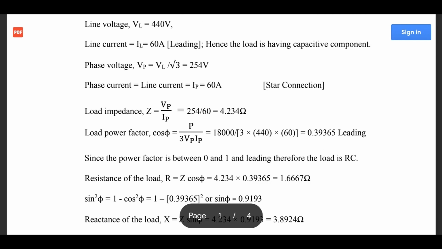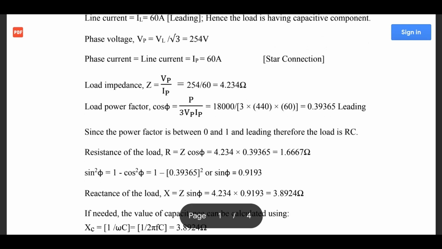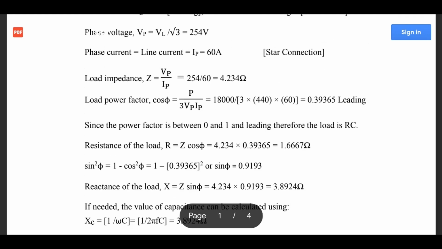So line current is given as 60 amperes, so the phase current is also 60 amperes. Why are we so interested in calculating the phase quantities? Just because the load impedance or the load is always connected to the phase. So on substituting the phase values of voltage and current, we get the impedance as 4.234 ohms.